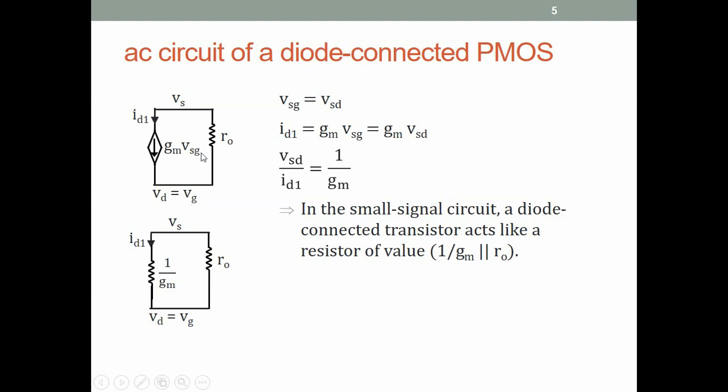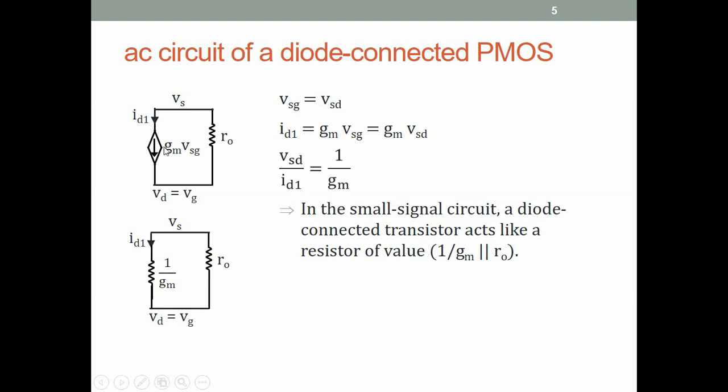So gm VSG is the same as gm VSD because D and G are equal. And so the current through the dependent current source is generally gm VSG, but we can write it as gm VSD. And if we rewrite this, we can say VSD over ID1 is equal to 1 by gm.